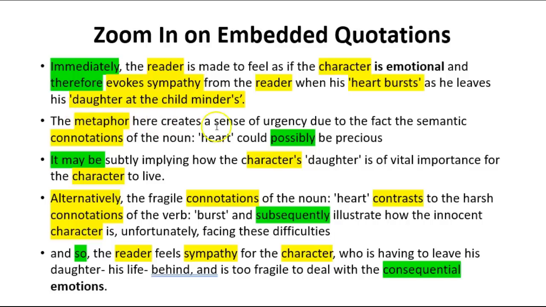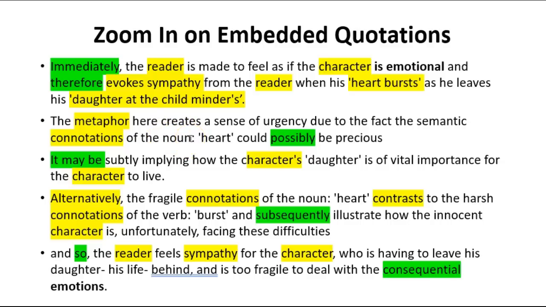"The metaphor here creates a sense of urgency due to the fact that the semantic connotations of the noun heart could possibly be precious." So you can see that Smila is still naming the parts like this, but I'm not taking any marks away for that. Sometimes the examiners do include that, but they've come to realise in the examiner's reports that this makes the answer less strong.